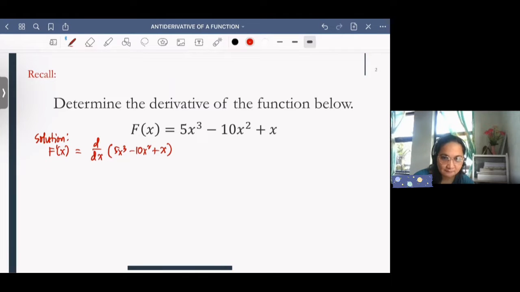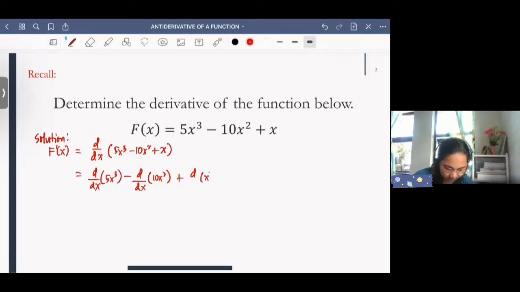Next we will apply the sum and difference rule, which is applicable since this is a polynomial function. So we will have the derivative of 5x cubed with respect to x minus the derivative of 10x squared with respect to x plus the derivative of x with respect to x.